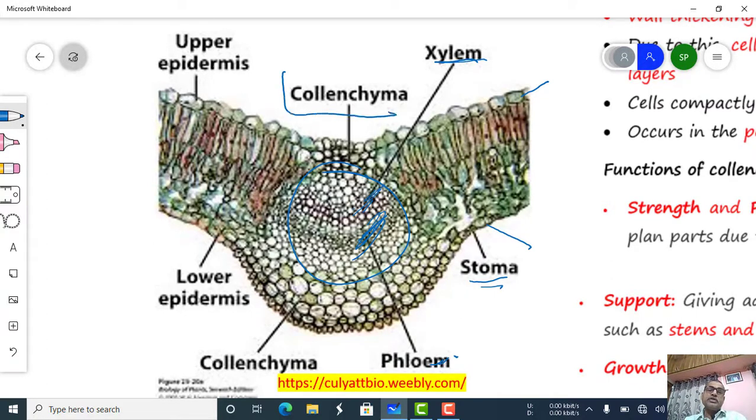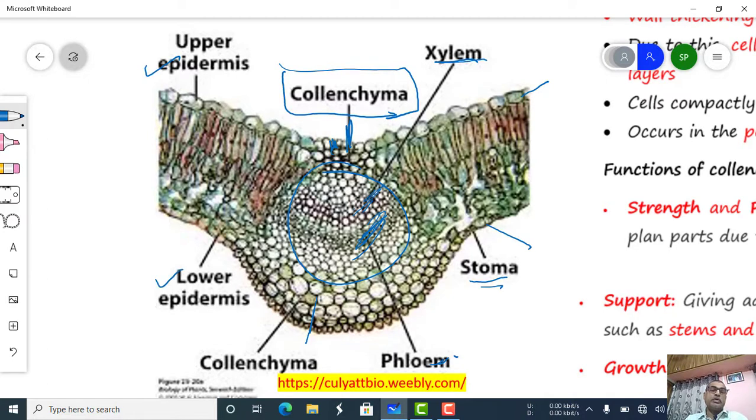This is a region of collenchyma. So in the midrib region, usually at the margin or peripheral side, collenchyma cells are present.